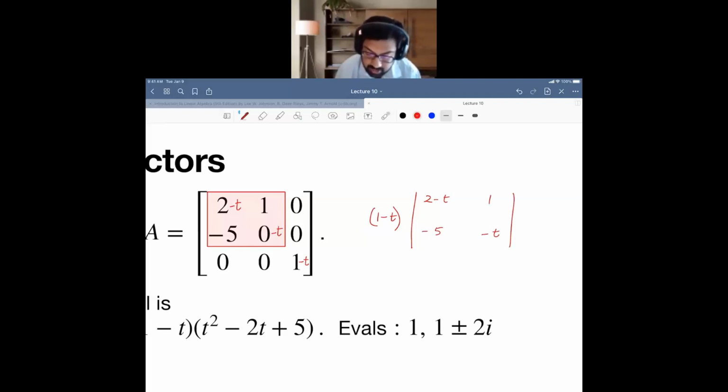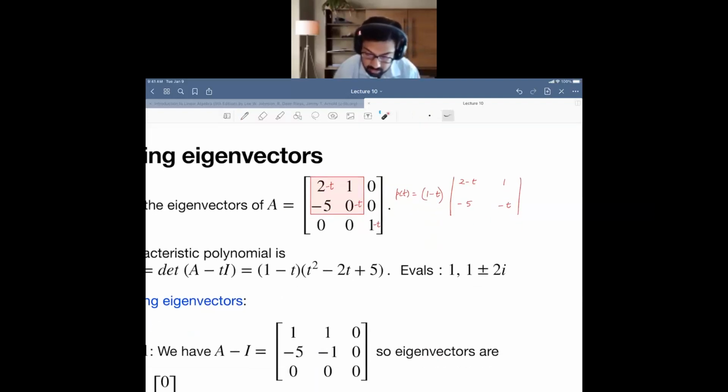So that's your characteristic polynomial, p of t equals. And if you simplify this down, you get 1 minus t times a quadratic in t. If you expand it out even further, what you have is a polynomial of degree 3, which is consistent with our discussion: 3 by 3 matrix, polynomial of degree 3. What are the roots? Well, you would have to factorize the polynomial.